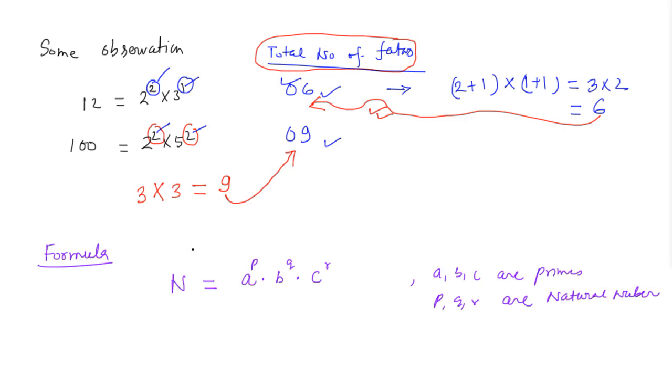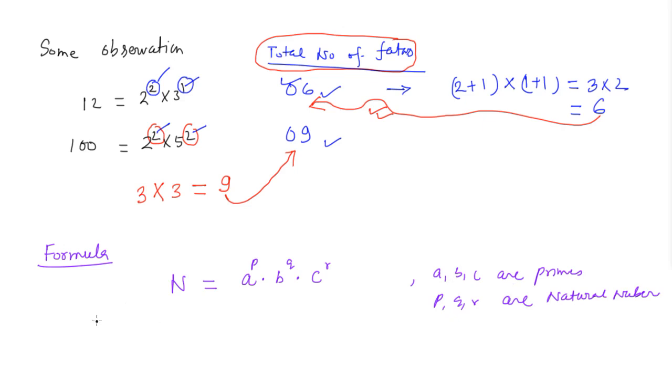Now we will generalize the observations we have made. Suppose a given number n can be written as a to the pth power times b to the qth power times c to the rth power, where a, b and c are all primes and p, q and r are natural numbers.